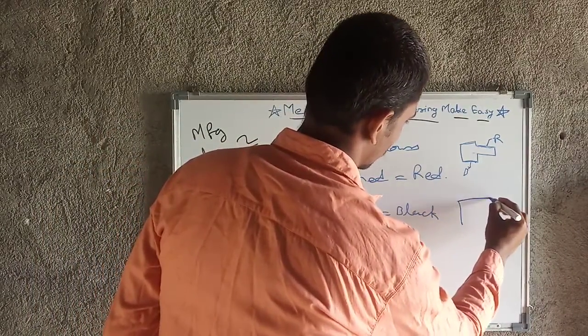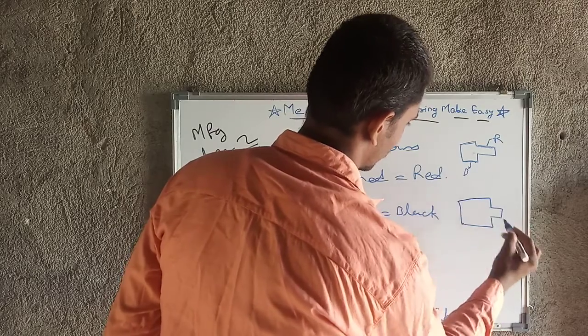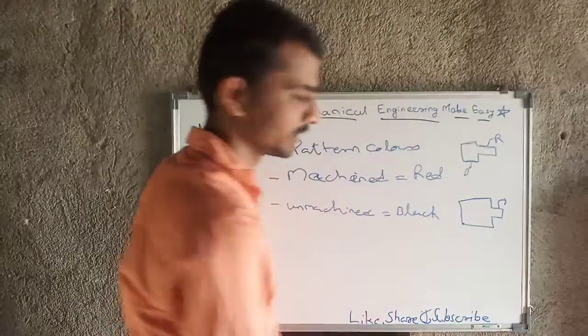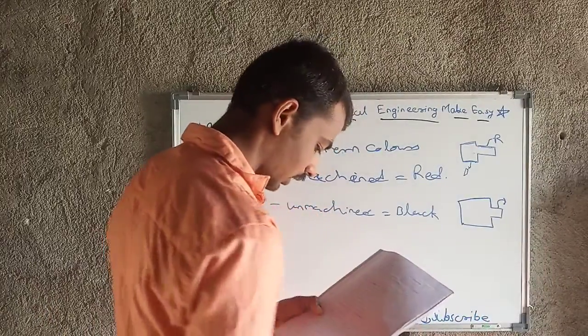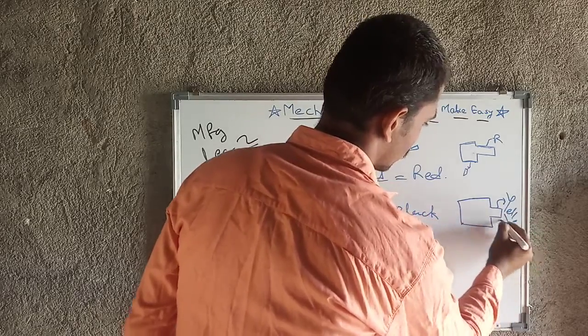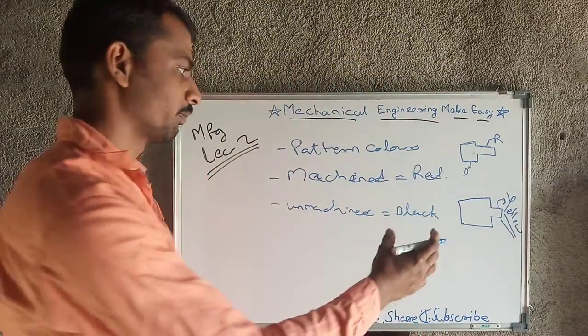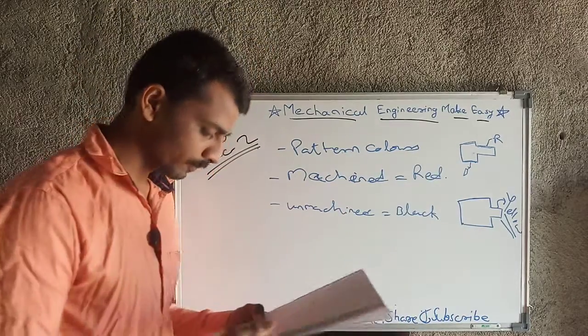One extra part is shown here, and this is the core print, means the seating provided for the core, so this will be painted with the color yellow. The core print seats made on the pattern will be painted with the yellow color.